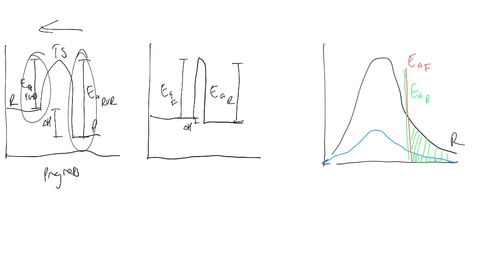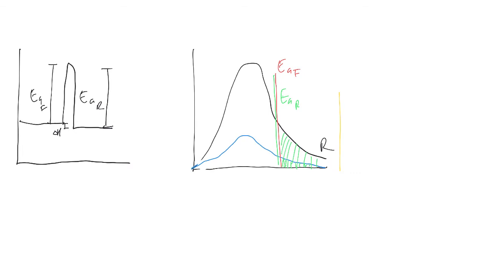But if I had an activation energy all the way up here, and I know that goes off the scale, but you get the idea, then it would never be appreciable. The black line with the red activation energy would be like, yep, I got all of those with sufficient energy, but there'd be almost none of those for the blue line because the blue line doesn't even get to that point. So if the yellow line was the activation energy of the reverse, then that would not have an appreciable amount of reactions occurring.